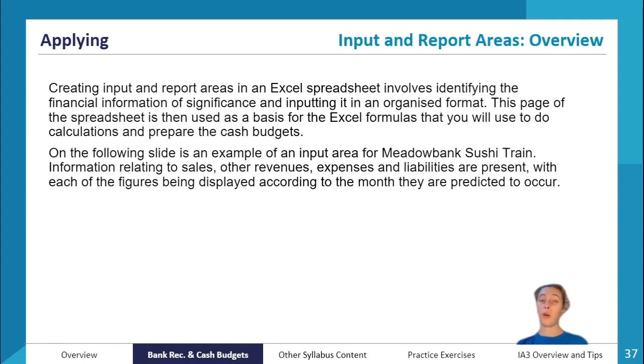So using formulas is really handy because if you've got a figure wrong, you can change it in one place and it will then adjust the figures everywhere else where that figure had an impact with some kind of formula somewhere.